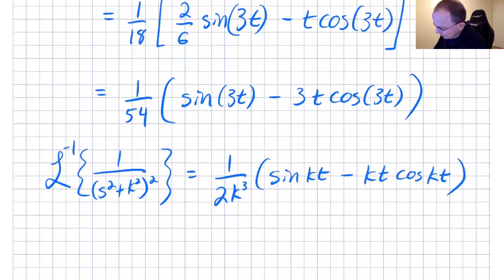And so this matches. In this case, k is 3, so we would get 2 times 27, which is 54, and everything else matches. So we got 3, 3, 3 matches.